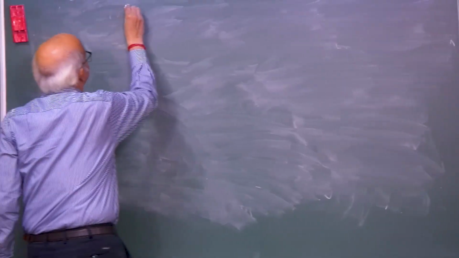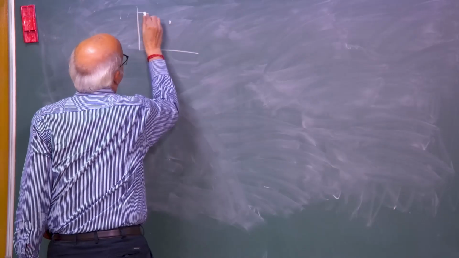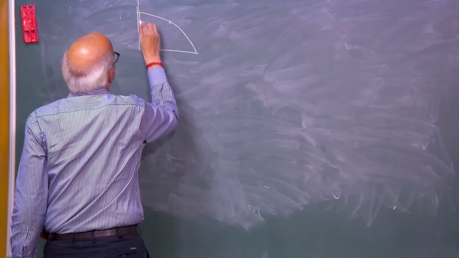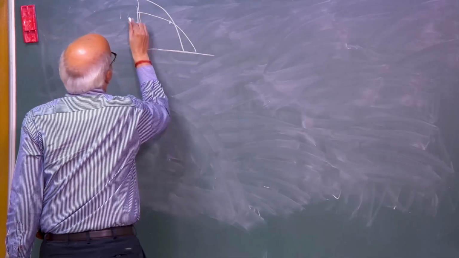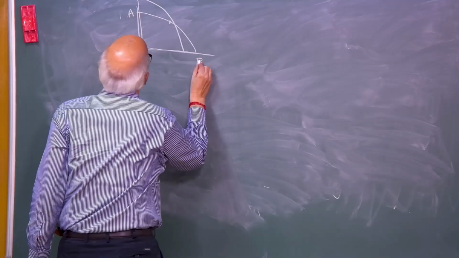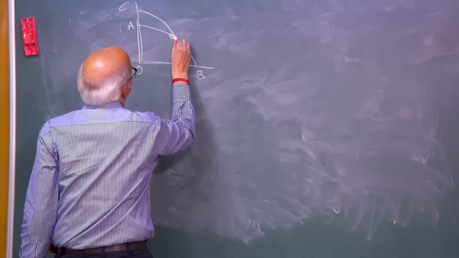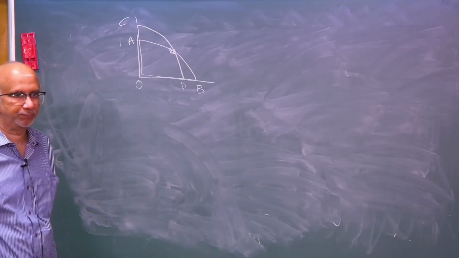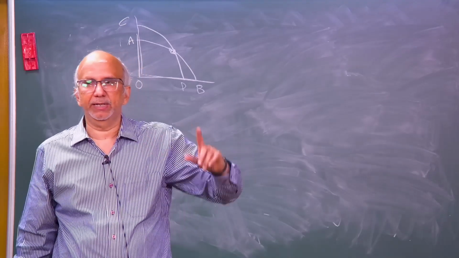Take the same point here, take one surface like this and take another surface like this. This is O, A, B and O, C, D, and this is the point of intersection. If this is a two-dimensional case, what will be the surface integral I am looking at?